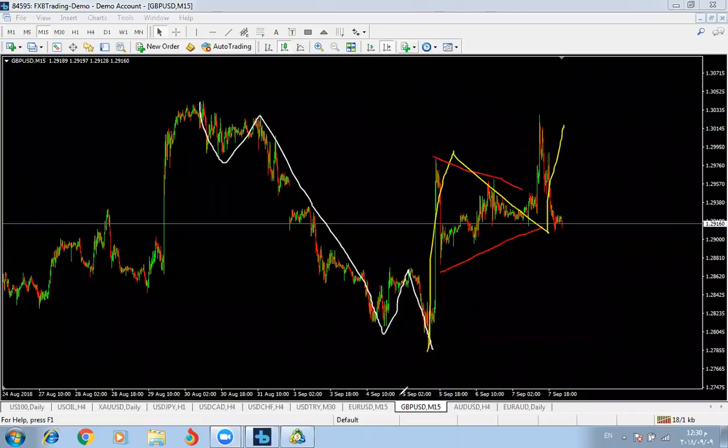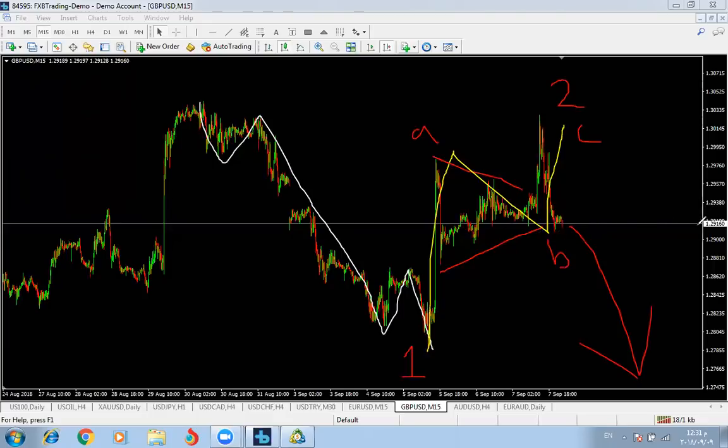This is wave 1, this is wave 2. Wave 1, 5 waves. Wave 2, A, B, C, where wave B is in the form of a triangle. So we should have a strong movement to the downside next week.